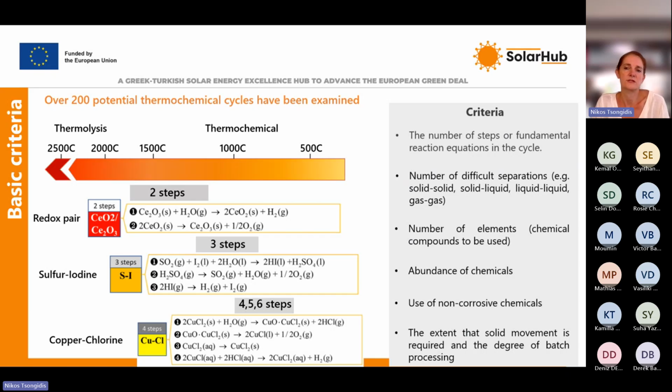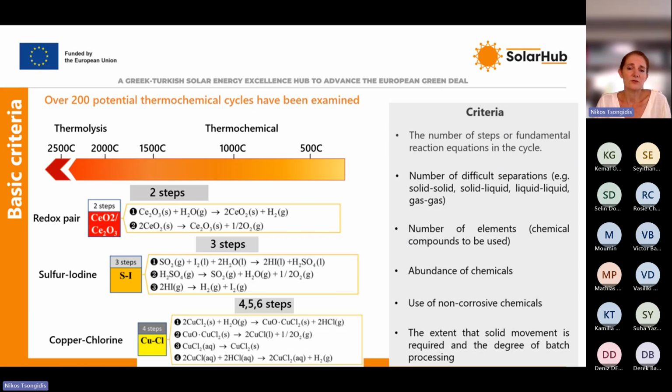And this research has focused on several criteria that were derived that were related to the number of steps that would be needed for the reactions to take place, the number of separations that would be needed. For example, if we would need to separate a solid from another solid, or a liquid from a liquid, this would increase the difficulty of the process.